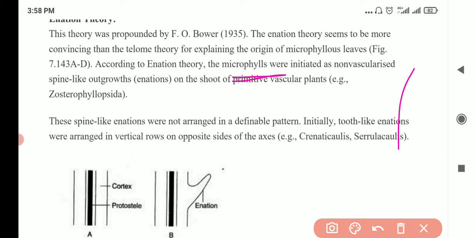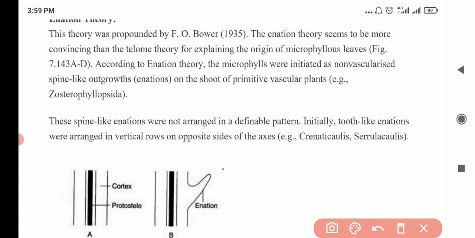These small leaves were non-vascularized, meaning they did not have the phloem and the xylem, like I have arteries and veins. The arteries and veins of the leaf are phloem and xylem. So at first they had nothing, no vascular system.